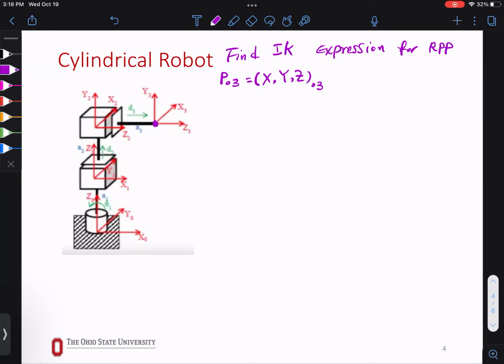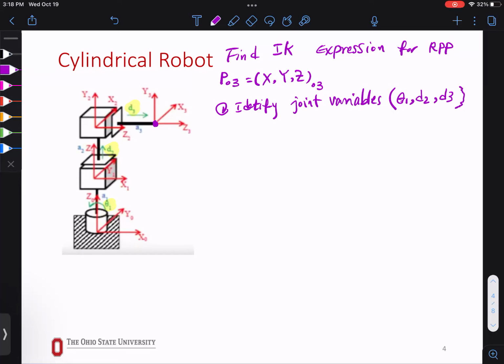First, identify all your joint variables. Let's take a look. We have theta 1, D2, D3, as I expected because I know this is the RPP.